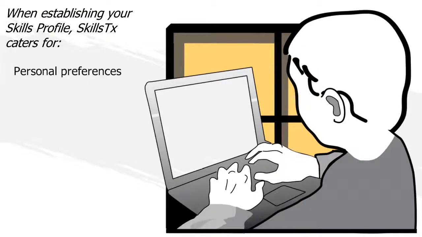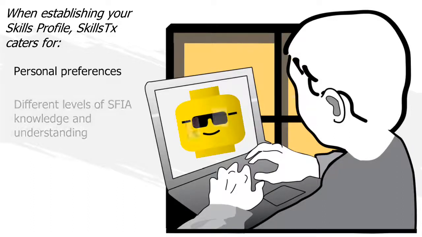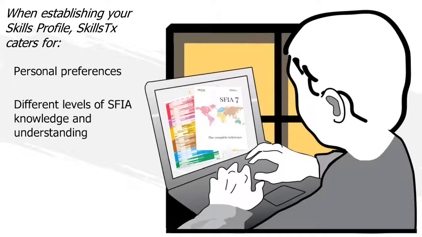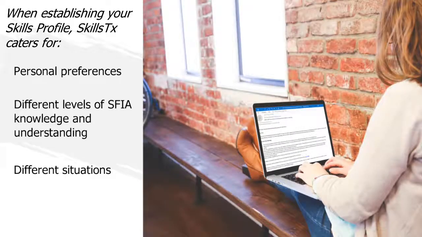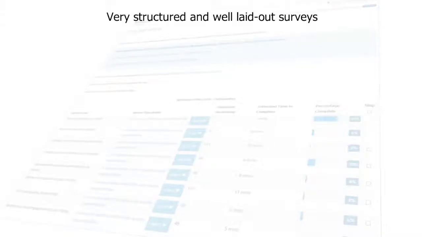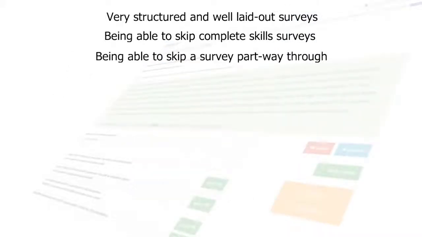When establishing your skills profile, SkillsTx caters for personal preferences, different levels of Sophia knowledge and understanding, different situations and hybrid approaches. We achieve this adaptability through having very structured and well laid out surveys, and then being able to skip complete surveys or being able to skip a survey partway through.